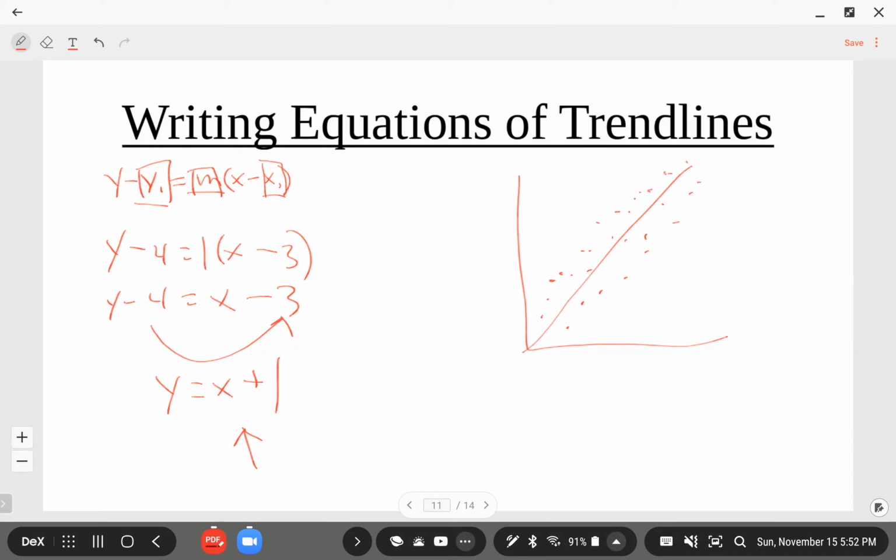So in our trend line, we have to approximate. If we have a graph here and we're writing the equation of our trend line, and this trend line represents all the data, we can't just use 2 specific points from the data. That will not work. So we'll have to use specific points on the trend line.